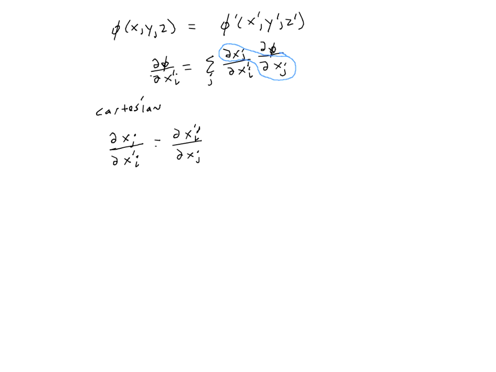And those are both equal to your transformation matrix. In other words, contravariant and covariant are the exact same thing in Cartesian coordinates. Which is probably why in your previous classes you've never heard any distinguishing between a contravariant and a covariant vector. But when you start talking about tensors, this becomes a very, very, very important distinction.